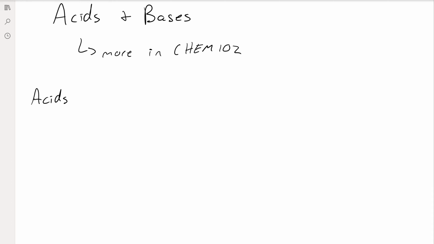Anyways, we're going to define acids very simply as something that donates or releases H plus. Remember, hydrogen has a proton and electron, so when we're at H plus, it's just a proton. And that's why it's important. It's very reactive, very common in our systems.